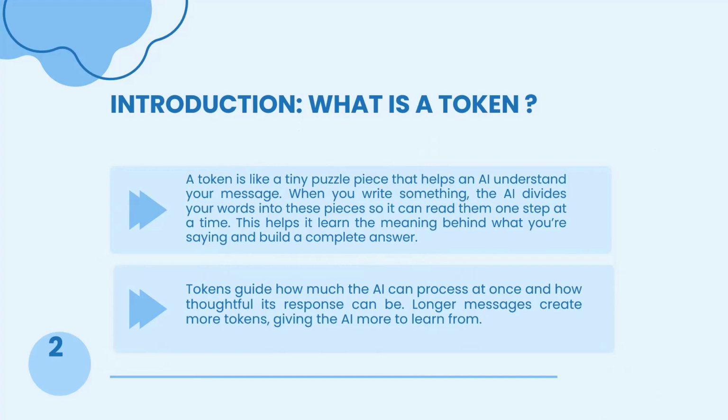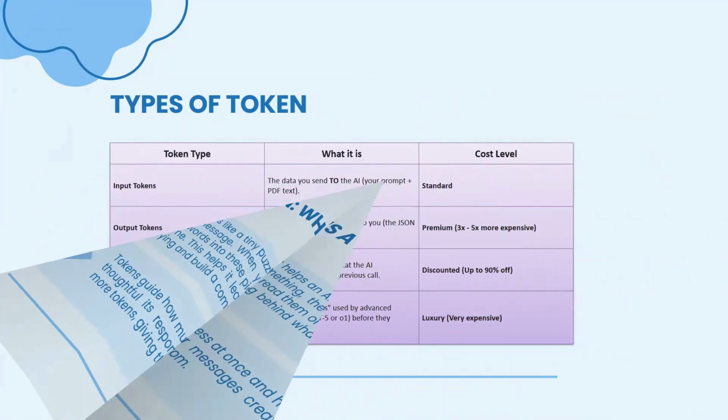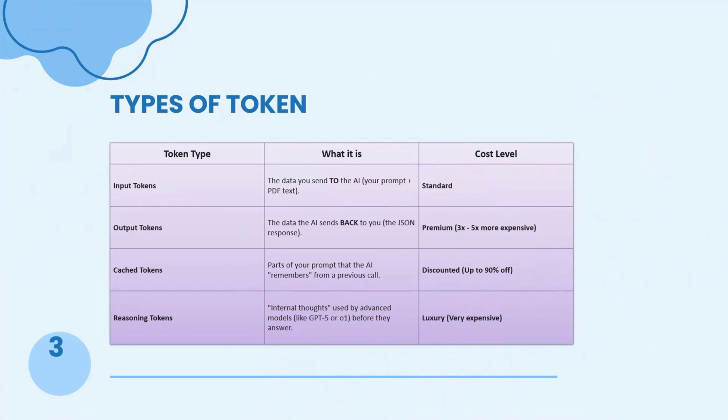Now, this token has types. We have majorly 4 types of tokens available. The first is the input token. Input token is the data you send to an AI. If you have been watching the previous videos, I have mentioned: do not give a whole paragraph.